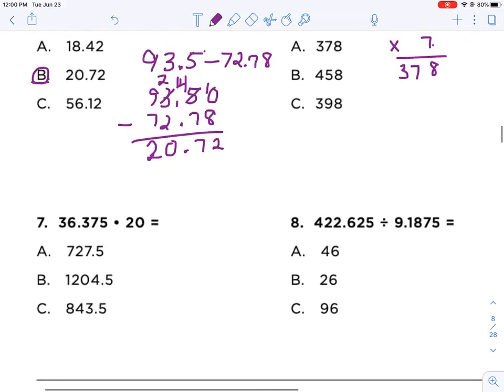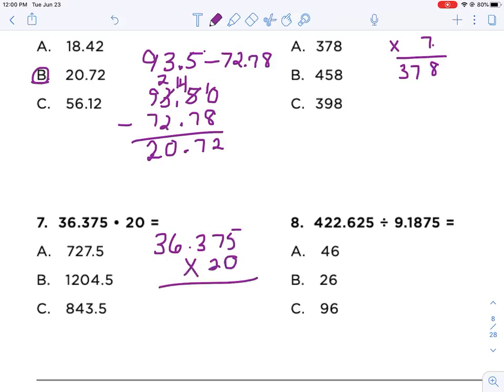With decimal multiplication, like number 7, remember, you're just going to do exactly what we did for number 6, except our final answer, you're going to carry out 3 places because there's 3 decimal places total here.